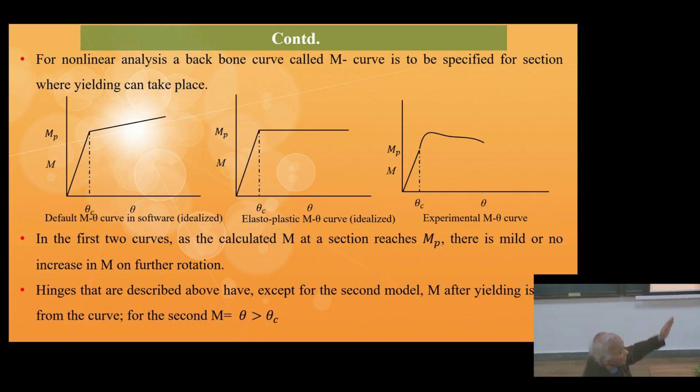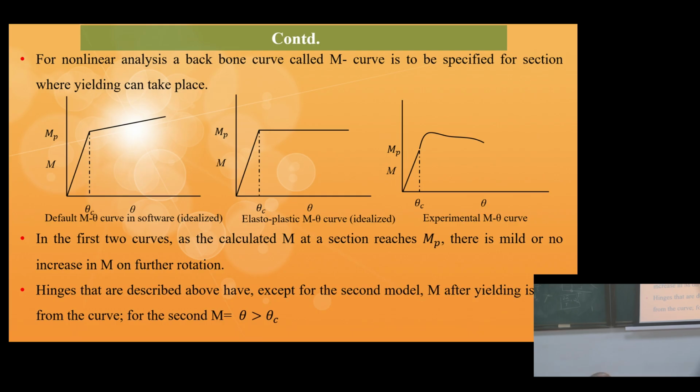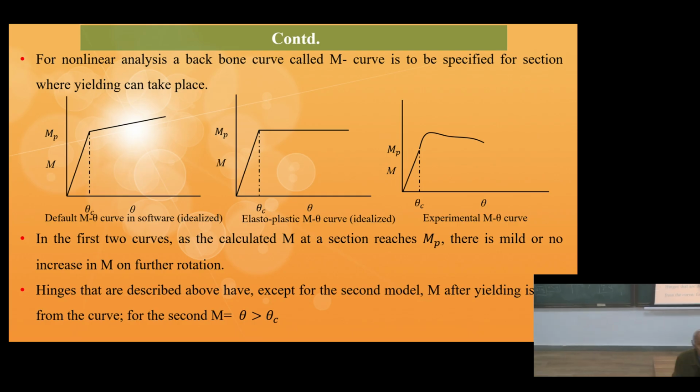The other one is elastoplastic. Elastoplastic is a very common assumption we make in inelastic analysis. That means it remains elastic, and once MP is reached, that particular hinge is no longer capable of taking any further moment or load into the system.